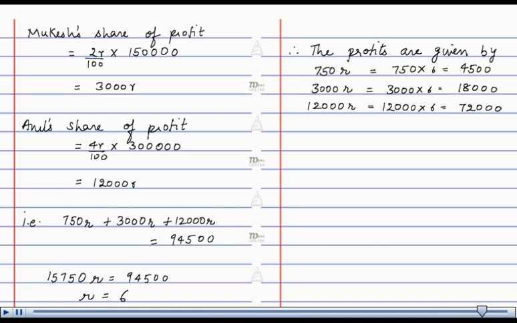Hence, the profits are rupees 4,500, rupees 18,000 and rupees 72,000. Hence, correct answer is answer option number 3.